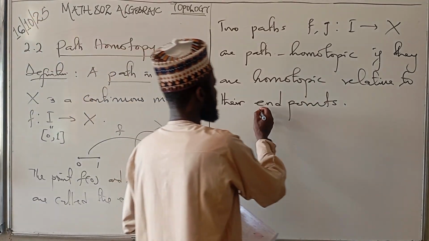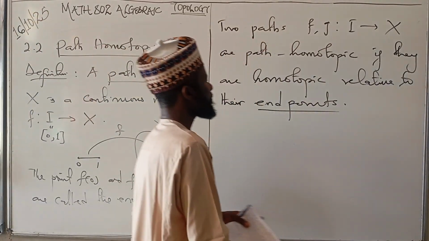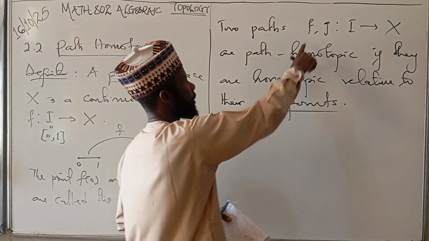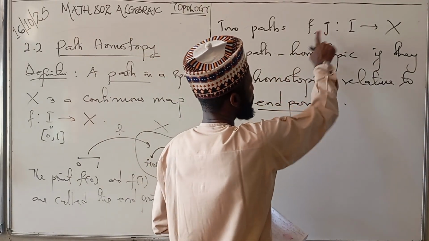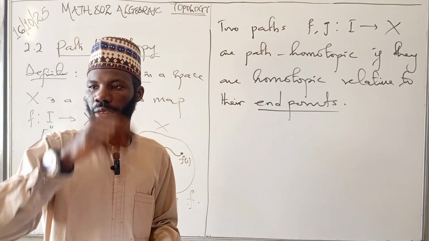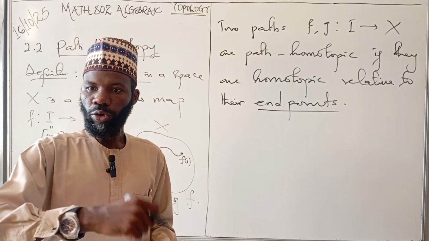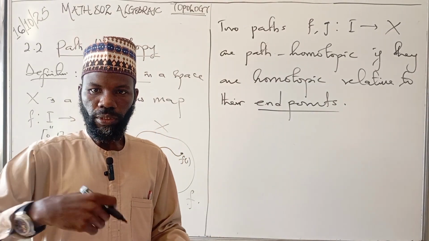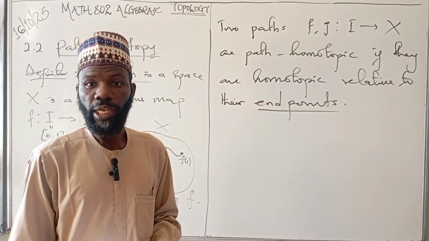So relative to their endpoints, which means there should be a homotopy from F to G, and throughout the homotopy, the initial point and the terminal point of the path must be the same.